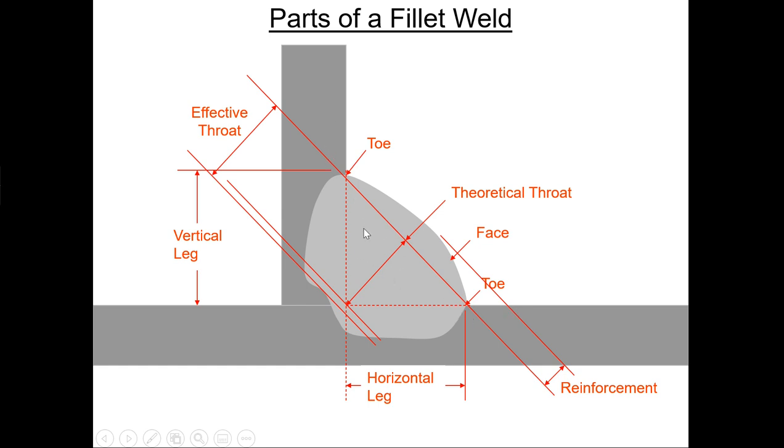If we start seeing a lot of concave welds, that would be something to bring up with quality, especially because we're talking about aluminum right now. As our throat starts to get smaller, it changes the theoretical throat. It changes the effective throat. So we start to lose strength as it drops that distance.